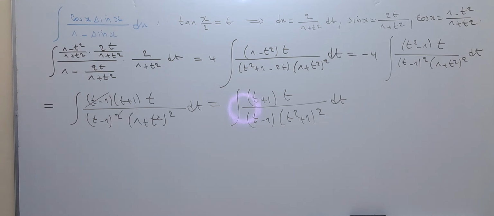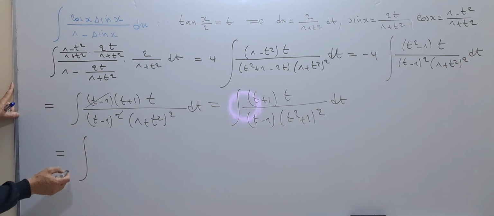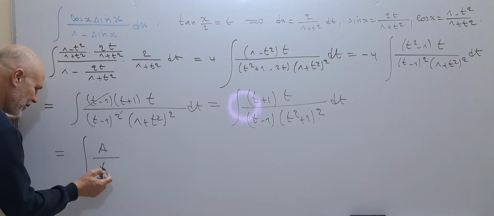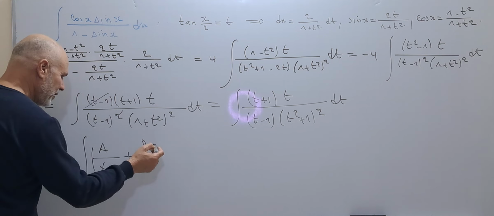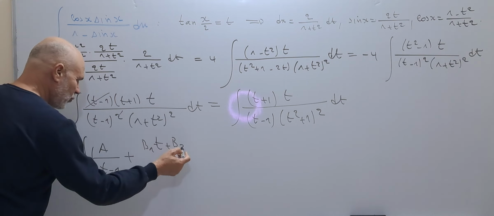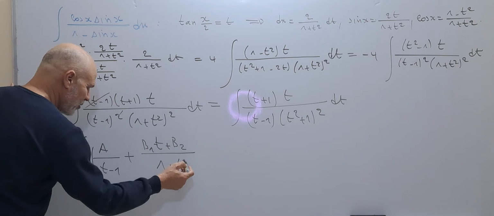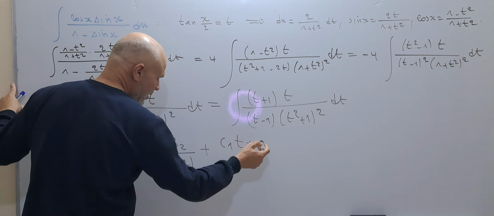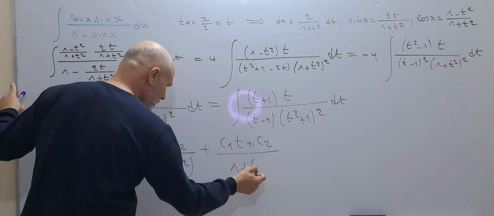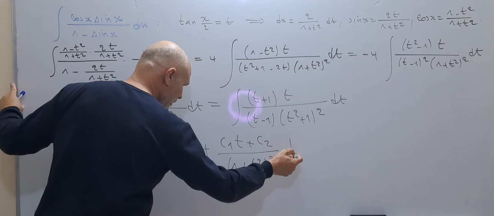The decomposition method into irreducible fractions allows us to proceed, and we can do it later. So this is equal to a over t minus 1 plus b1 t plus b2 over 1 plus t square plus c1 t plus c2 over 1 plus t square, dt.